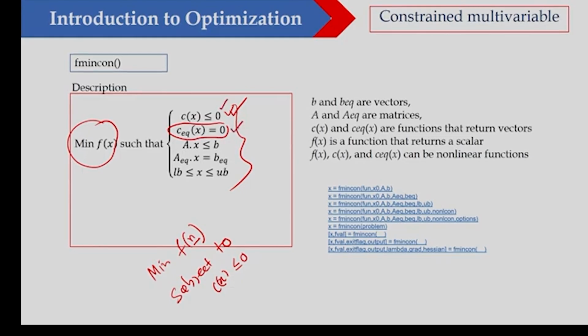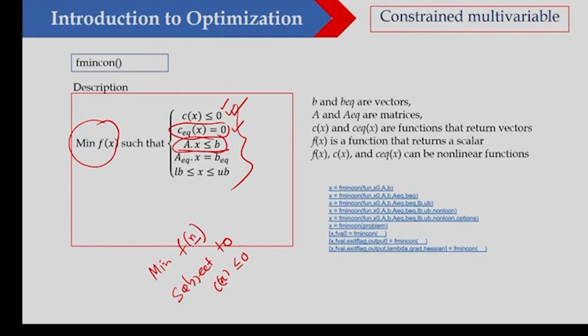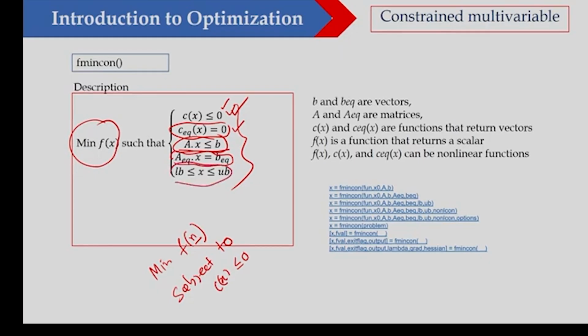First one is inequality constraint, and this is equality constraint. Then you have linear inequality constraint. Suppose I have a linear inequality constraint, I can define it here. And if I have a linear equality constraint, I can define it here, and finally I can define lower bound and upper bound of the variable.